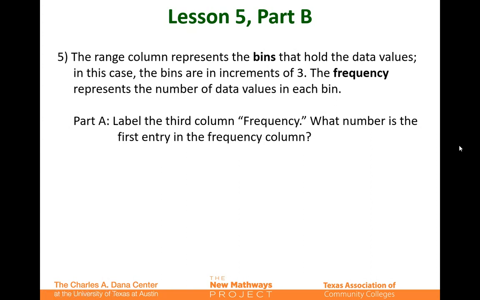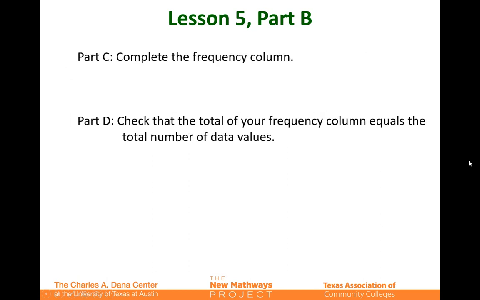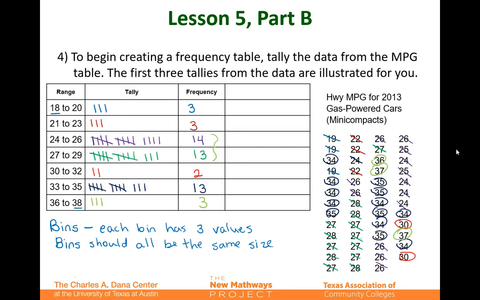Our third column was frequency. Well, we've already looked at the third column. We already completed that. It says check that the total of your frequency column equals the total number of data values. So let's go back and check that. What is the total? We might want to make a row down here. For totals, let's just total it all up.